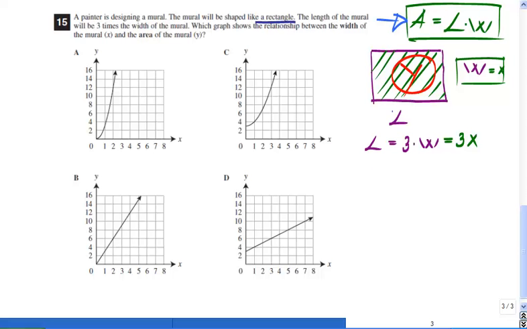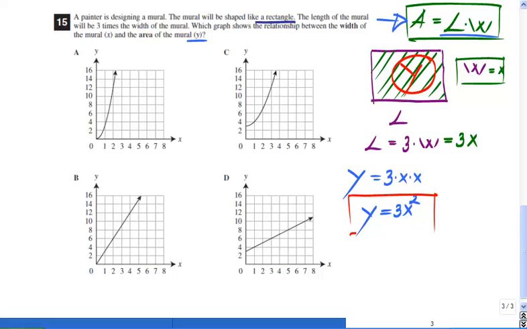The area is length times width, and because the area is represented on the y-axis, my y will be equal to length times width, but length is 3 times width, which is x, times width, which is x. So the function I'm looking for, representing the area y, is given by the equation 3x squared.